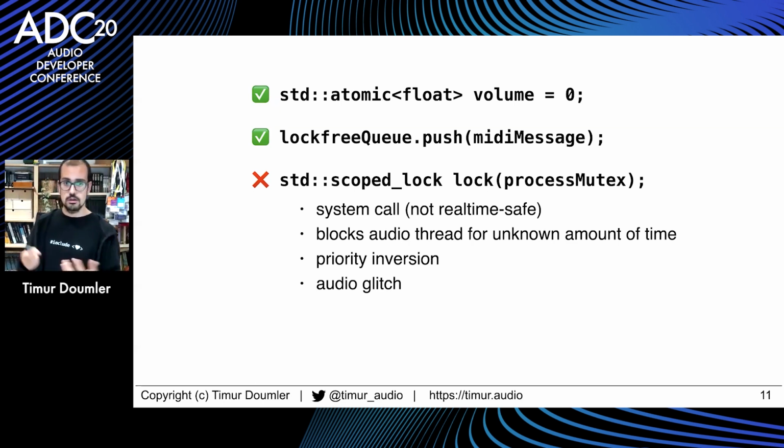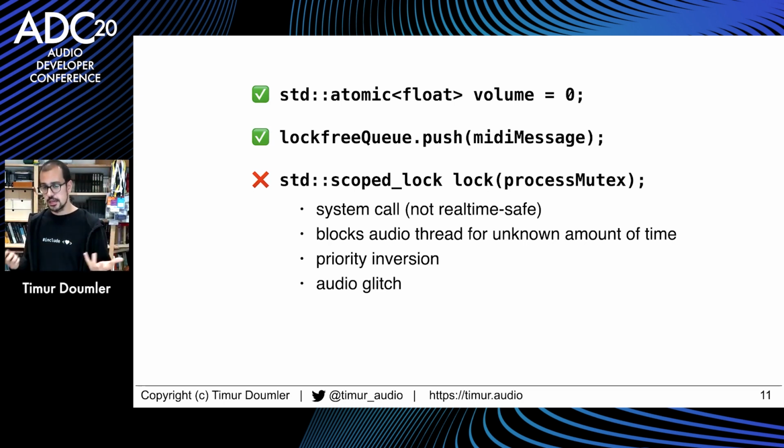And if you can't acquire the lock, then you're waiting for another thread that has that lock. So you're blocking the audio thread for an unknown amount of time, which you can't do because you only have a limited amount of time. And not only that, but you typically are waiting for a thread which has lower priority than the audio thread. So you have this problem of priority inversion.